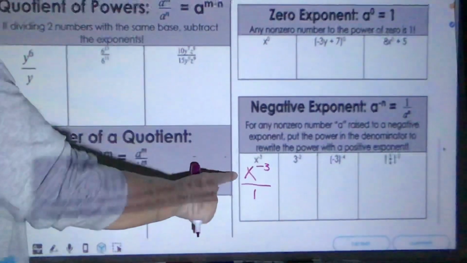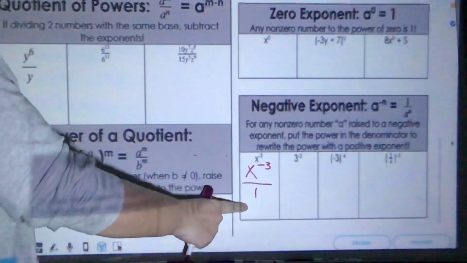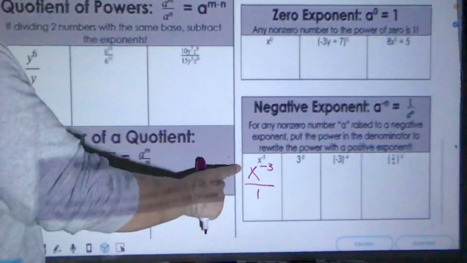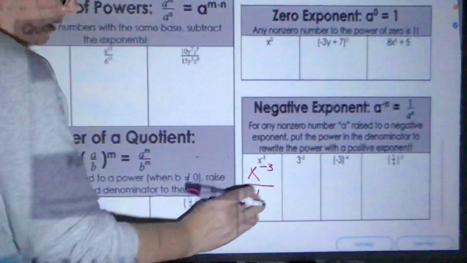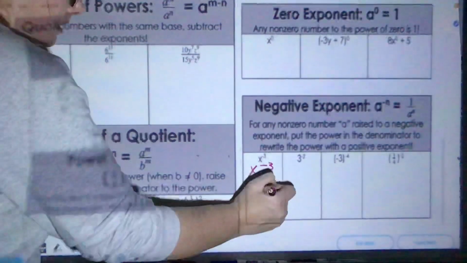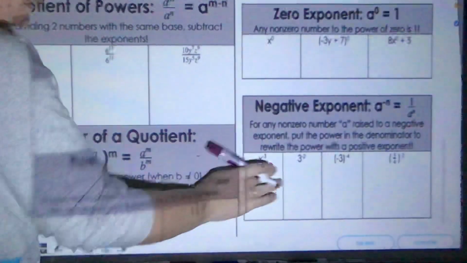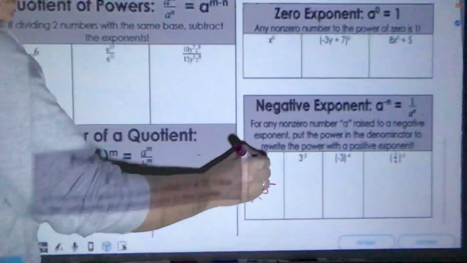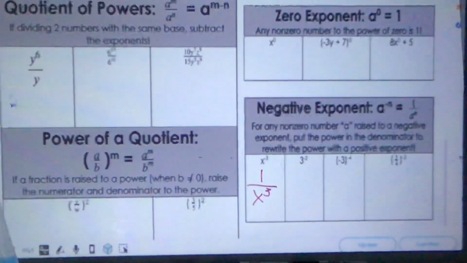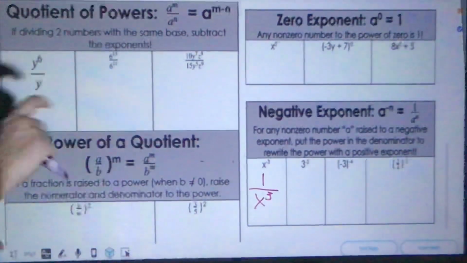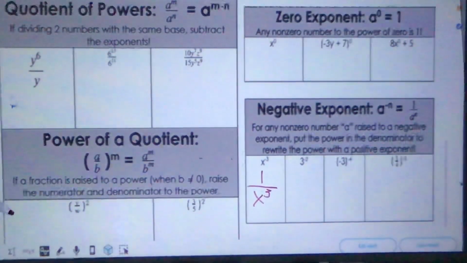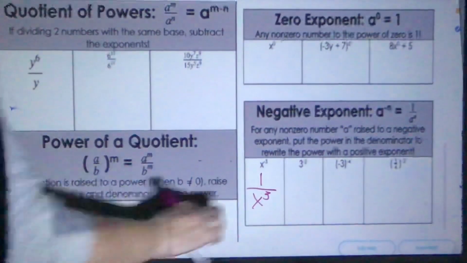So this x is not happy being in the numerator, it wants to be in the denominator. So I'm going to send the x to the third power to the denominator. If there's nothing left in my numerator, I'm going to make it a 1. We're just flipping where the negative is to make it positive.